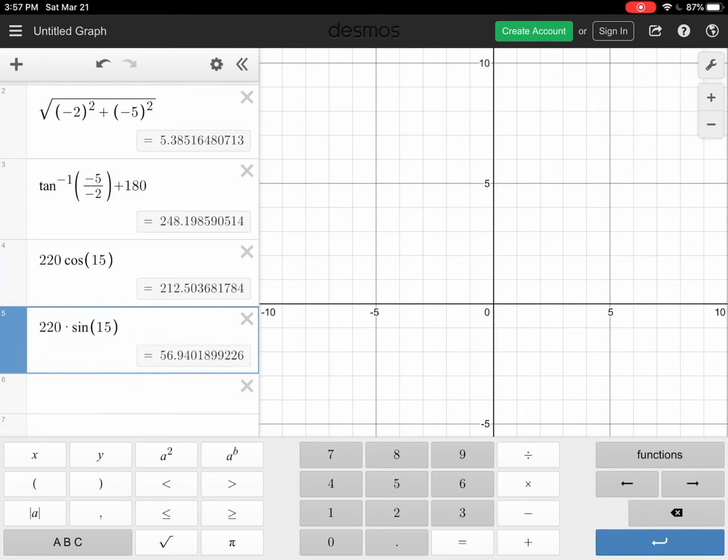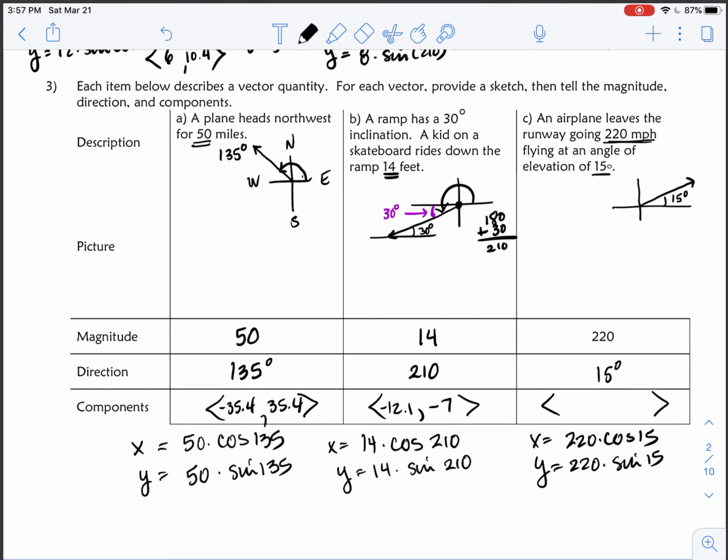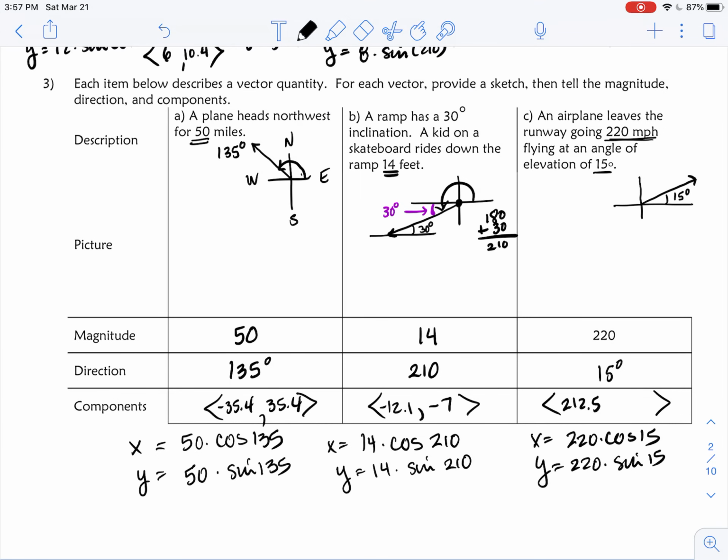Okay, so this airplane is going about 212.5 to the right, that's your horizontal component, and about 56.9. So 212.5, 56.9. Okay, and we're done with our first lesson.